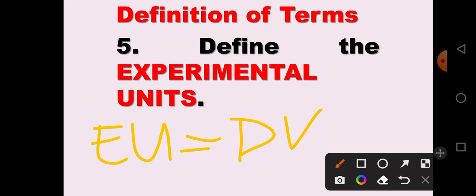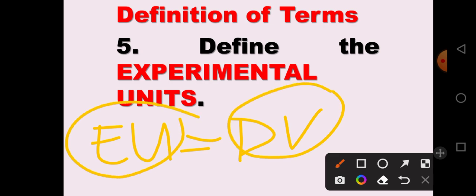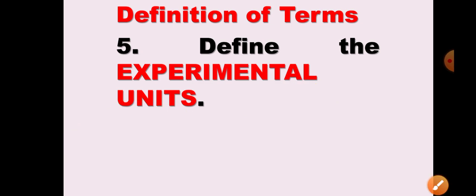So, if you have other experimental units other than your dependent variable, you must also include them in your definition of terms. So, do not worry if you have already defined your dependent variable as your experimental unit. But if you have a different experimental unit other than your dependent variable, then you must include its definition. So, that is our fourth term to be elaborated in your definition of terms.